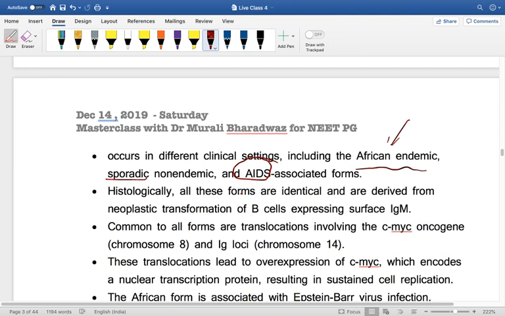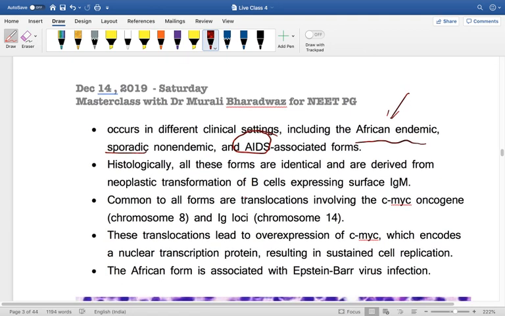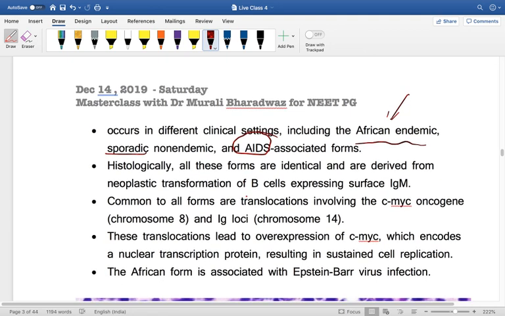Basically, whatever the form of Burkitt, all these are identical, and from where are they derived? B cells. Not pre-B cells, only mature B cells, expressing IgM. That is what you should remember.